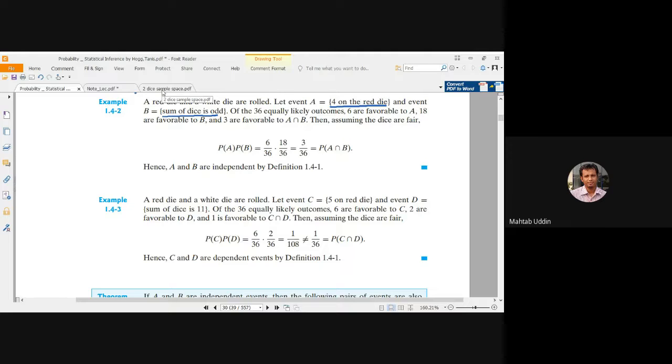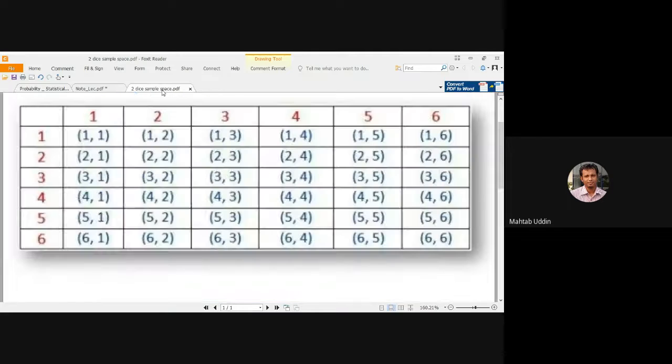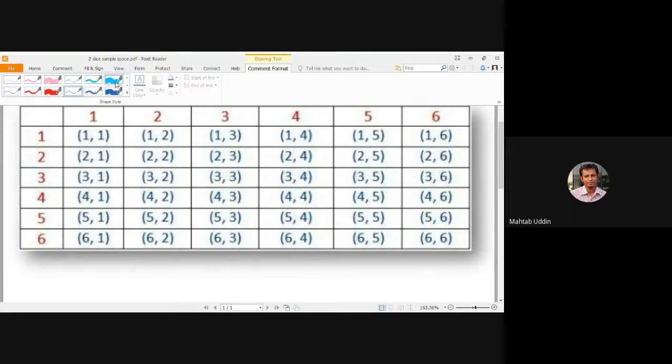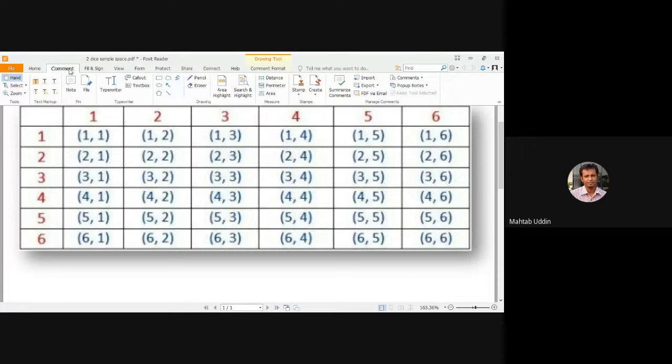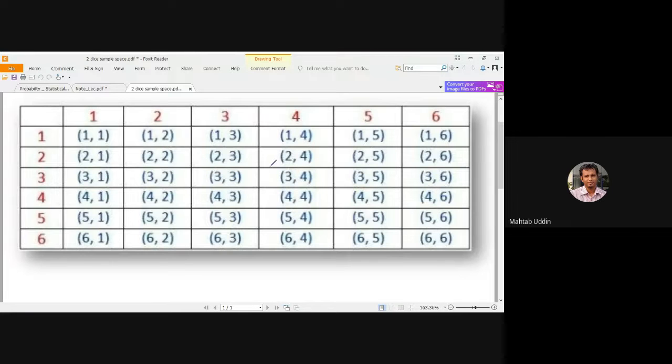A is 4 on the red die. I'm using colors to make this clear. I'm taking A in navy blue color, 4 on the red die. What is the color given actually?